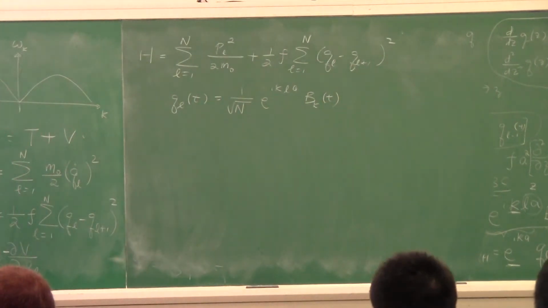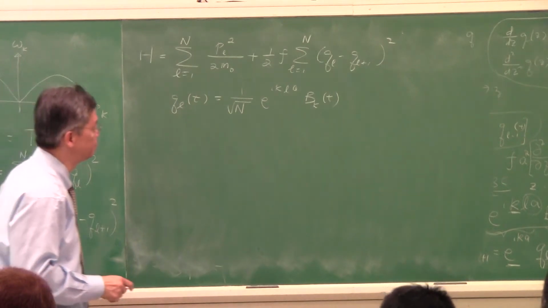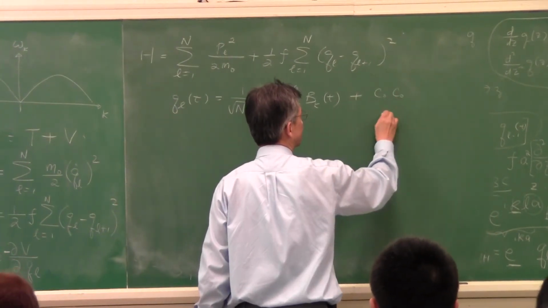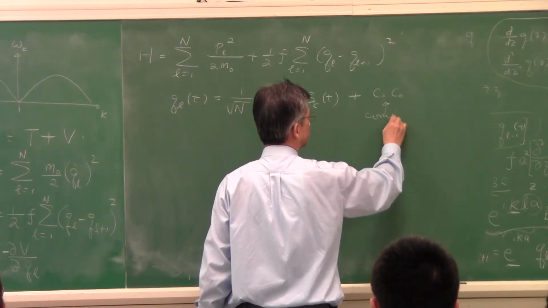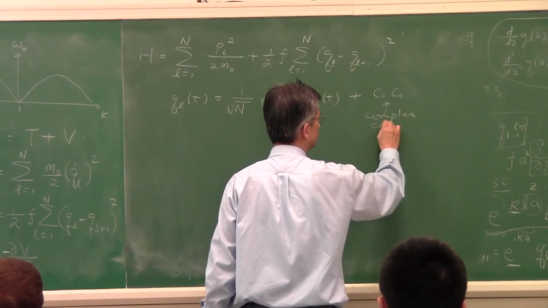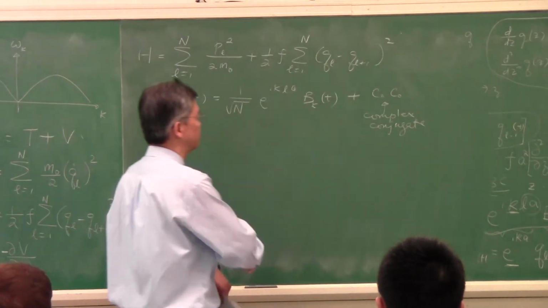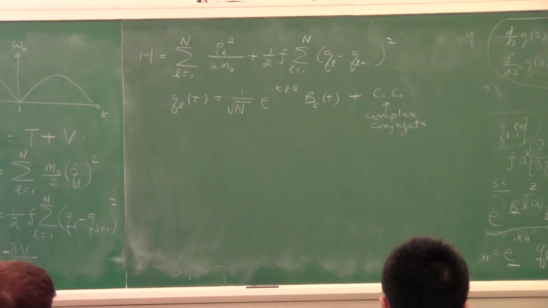But Q has to be a real number, so we will add this complex conjugate. We add this complex conjugate to this complex number to convert it into a real number. So QL is always real.